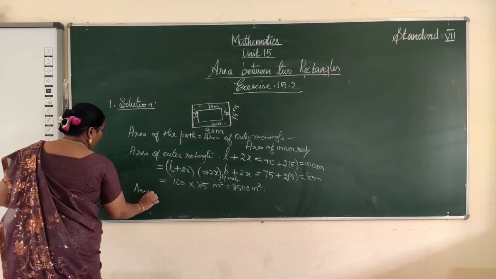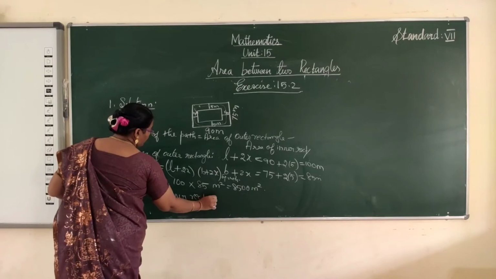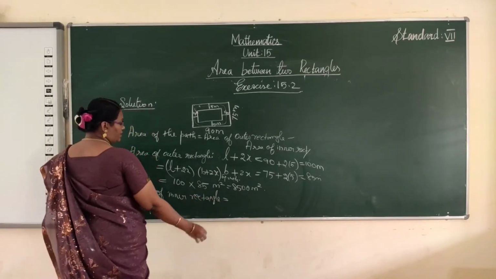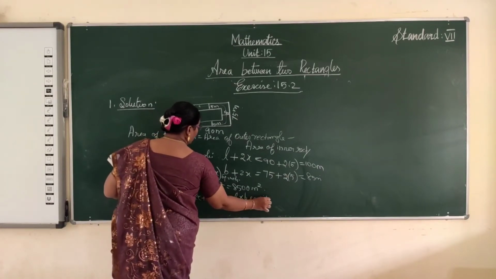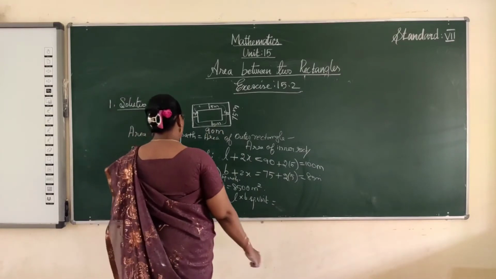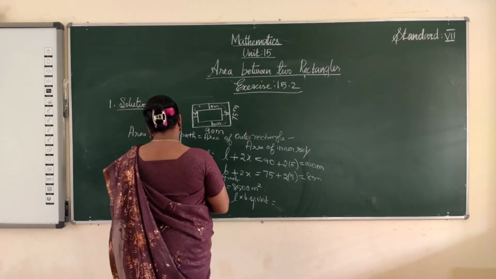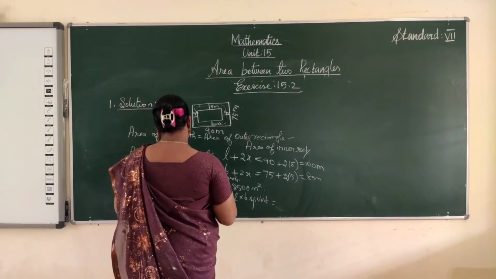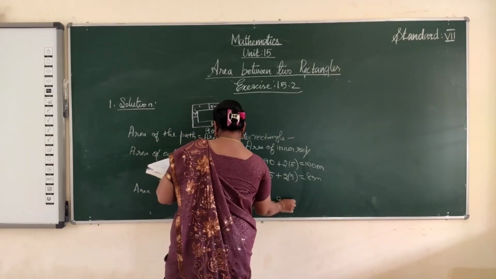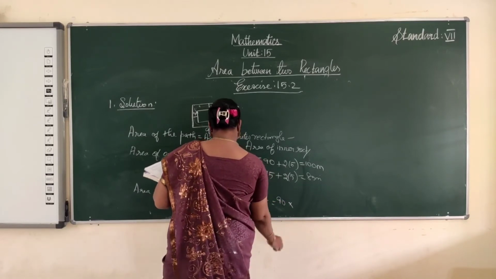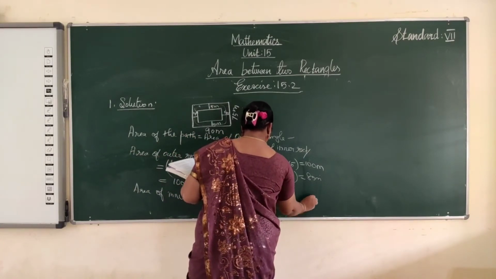The next one, area of inner rectangle is equal to L into B square unit. What is the L value here? 90 meter. So 90 into 75 meter square.